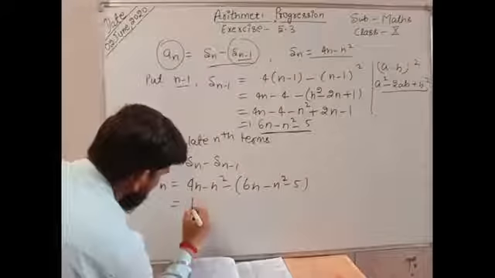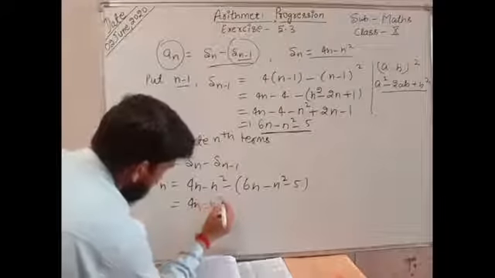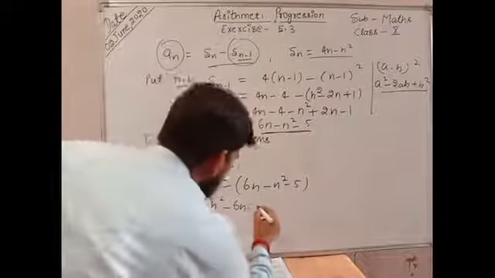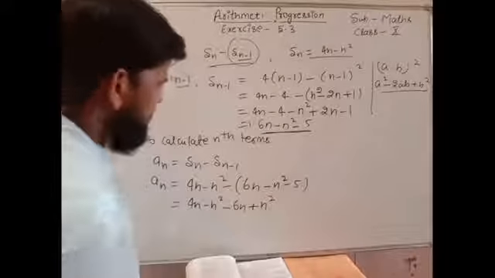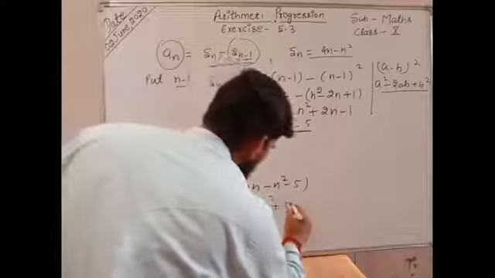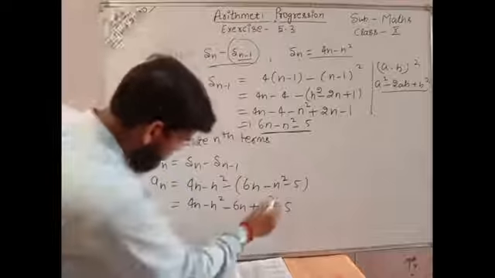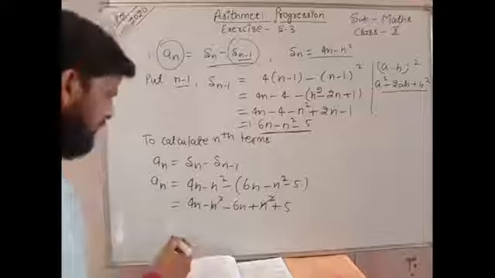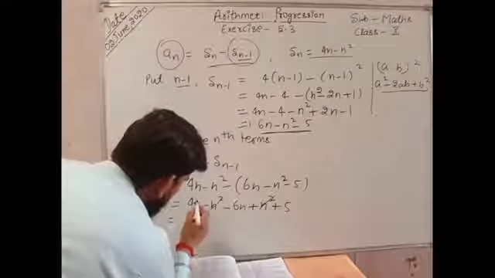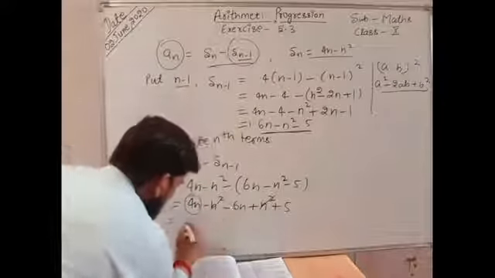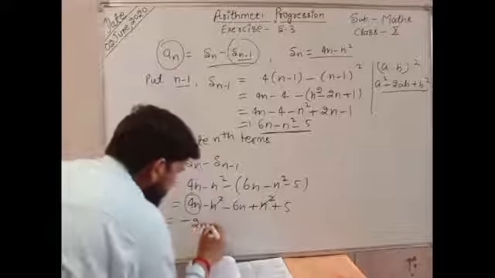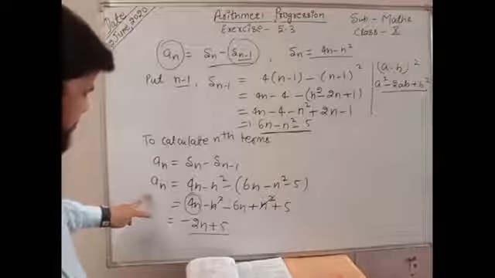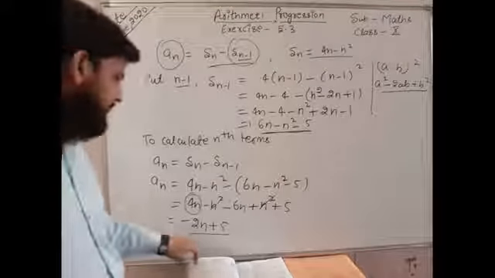So this is equal to 4n minus n square minus 6n plus n square plus 5. So minus n square is cancelled by plus n square. Now the remaining part is 4n minus 6n, which equals minus 2n plus 5. So the nth term of this AP is equal to minus 2n plus 5.